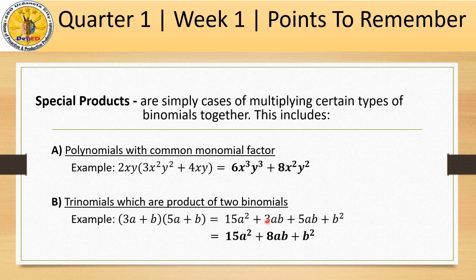So, since the middle terms 3ab and 5ab are similar terms, we are going to combine them. So it will become 15a squared plus 8ab plus b squared. This is now, the product is a trinomial.